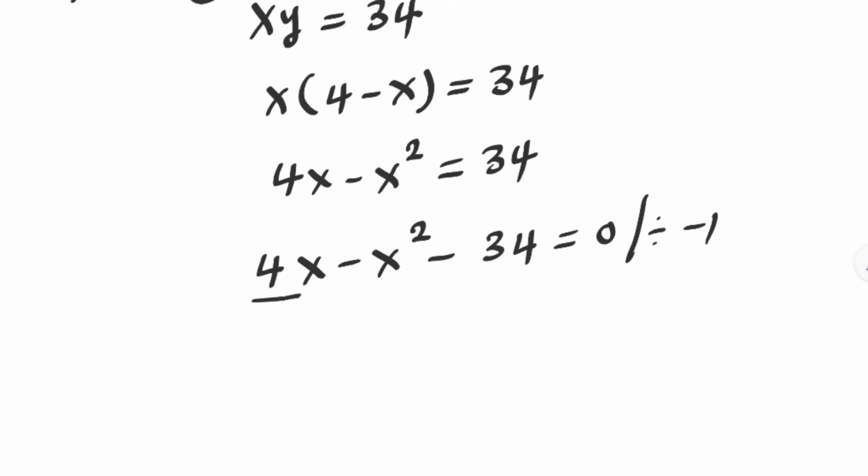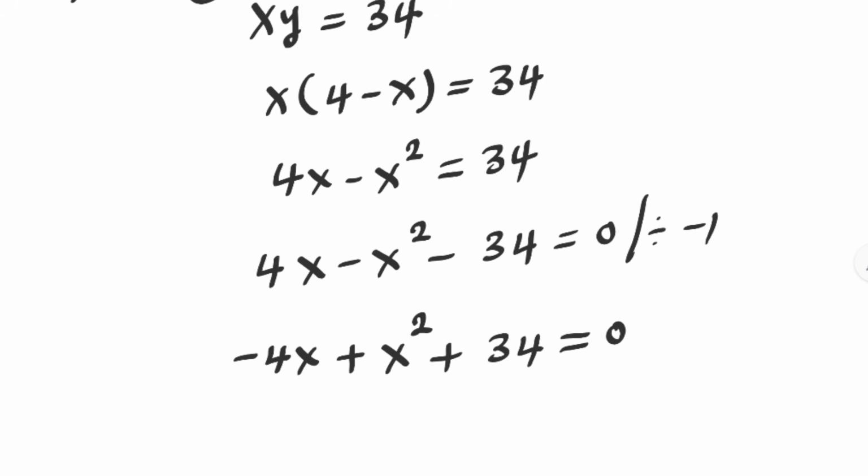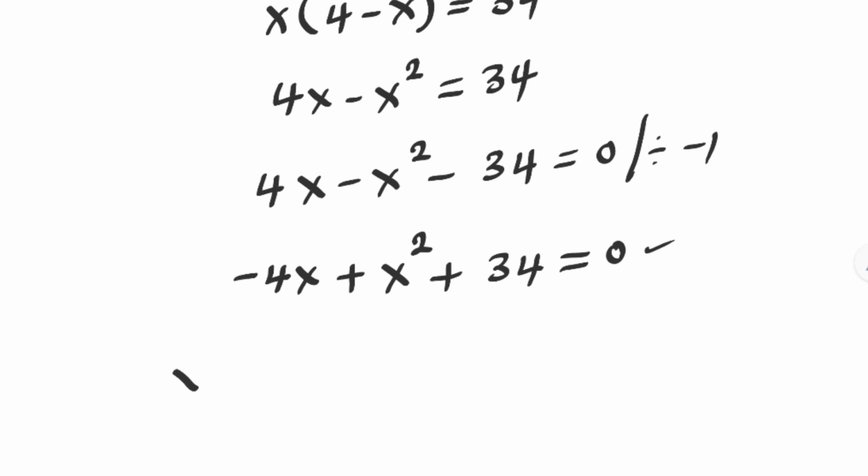Then 4x divided by minus 1 will give minus 4x, minus x squared divided by minus 1 will give plus x squared, then minus 34 divided by minus 1 will give plus 34 is equal to 0. Let us put this in standard form. x squared minus 4x plus 34 is equal to 0.